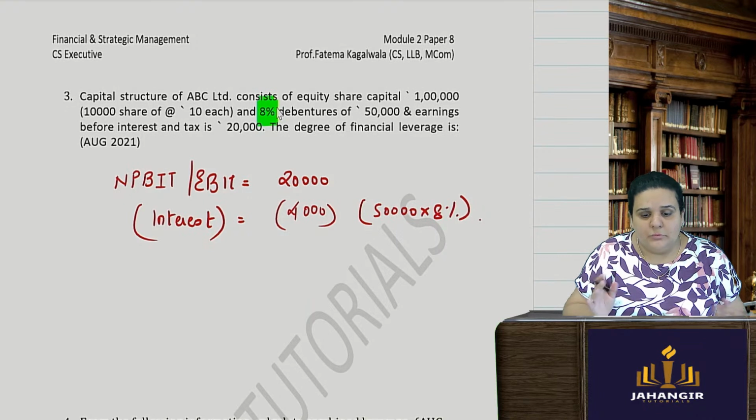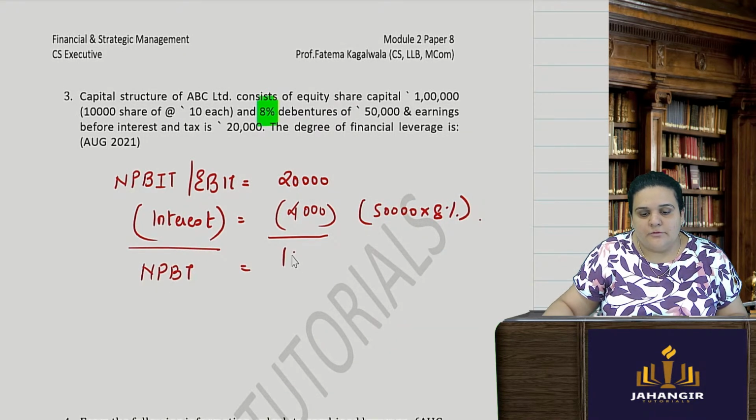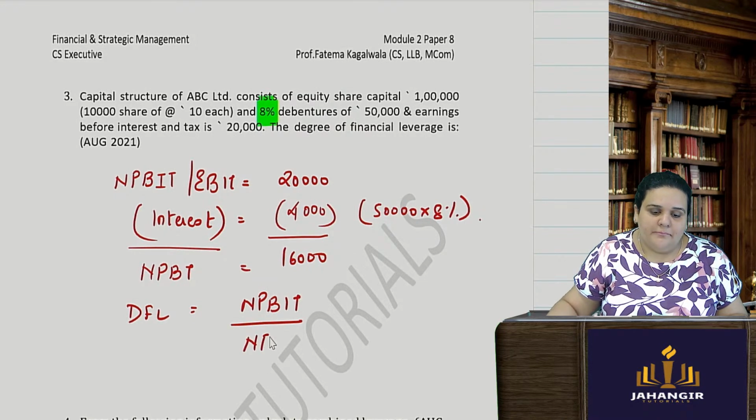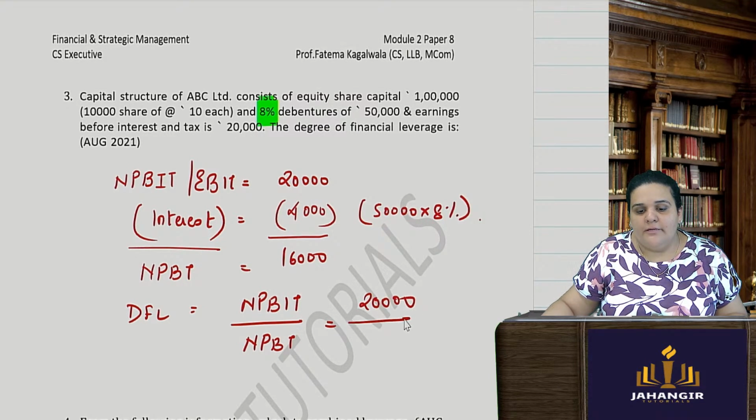Equity share capital has no role to play over here right now. So here NPBT, which is 16,000. Degree of financial leverage, NPBIT upon NPBT, 20,000 upon 16,000. That is going to be 1.25 times.